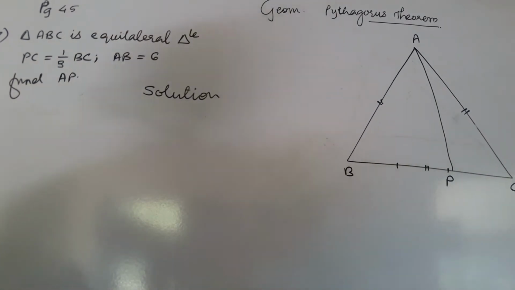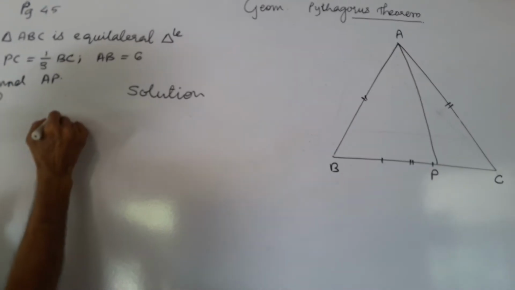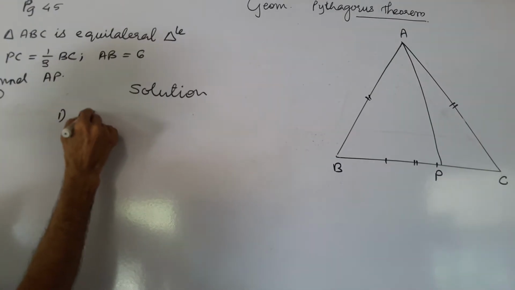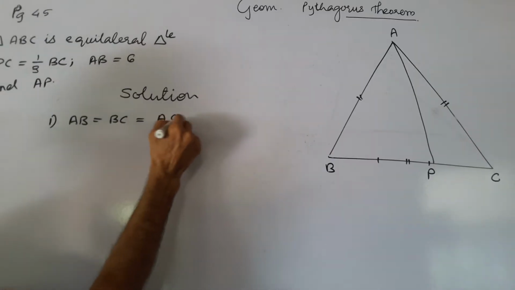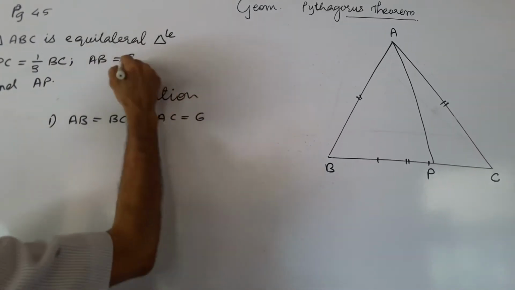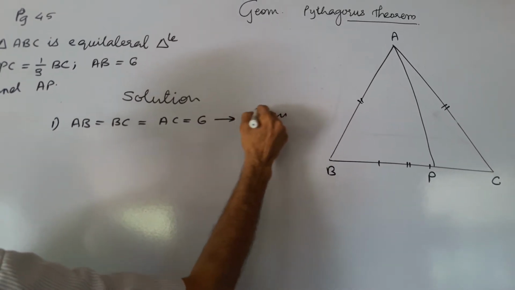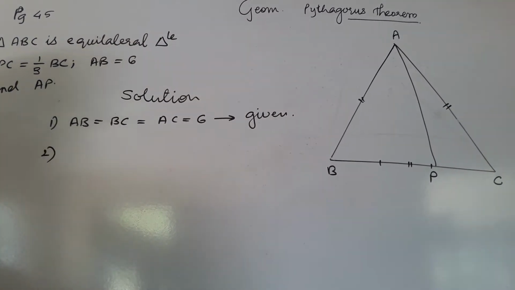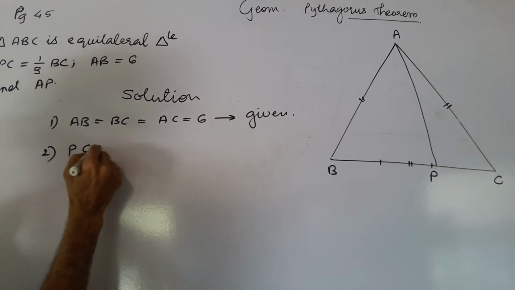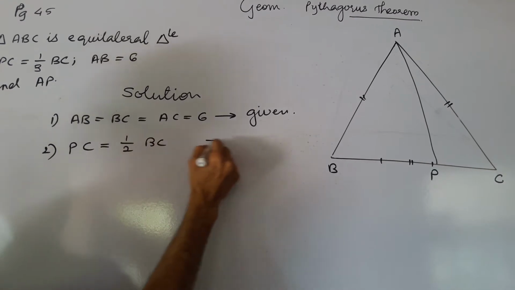Now see the solution. Here ABC is an equilateral triangle, and therefore AB equal to BC equal to AC, and that is given 6. Second, it is given that PC is 1/3 of BC.